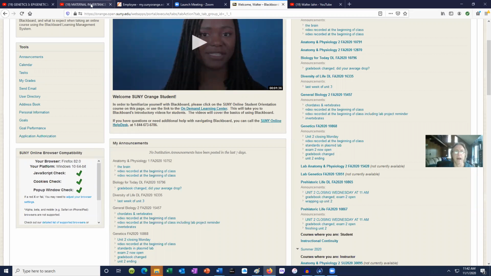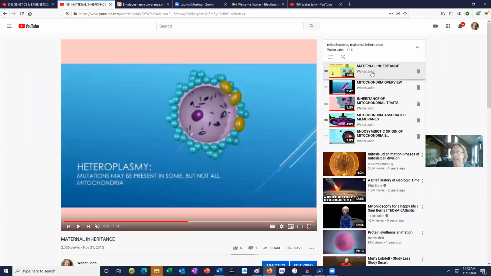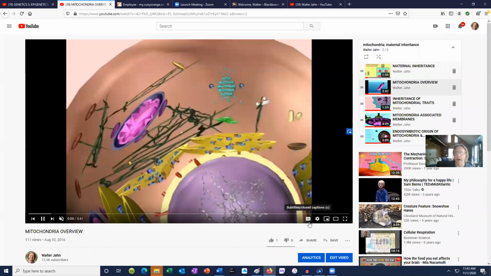So once again, this is what is known as imprinting. Now, the best example of non-Mendelian inheritance and maternal inheritance in humans involves mitochondria.